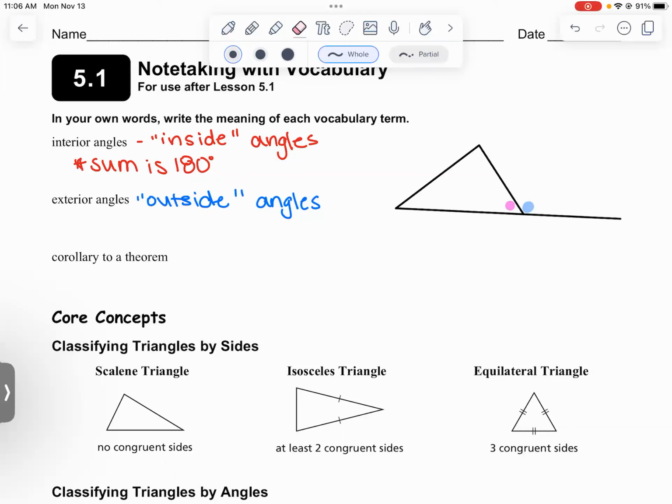Okay, now let's suppose that this angle is 80 degrees and this angle is 40 degrees. So this one's 60, which makes that blue one what? 120. Nope. Supplementary definition.